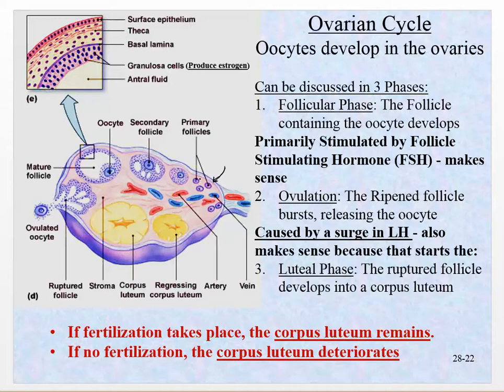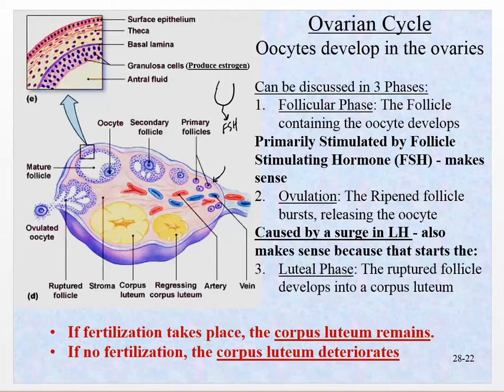And then they get a signal. Once a month, there's a signal from the anterior pituitary, and it releases a hormone called follicle stimulating hormone. This follicle stimulating hormone stimulates these follicles to start developing.